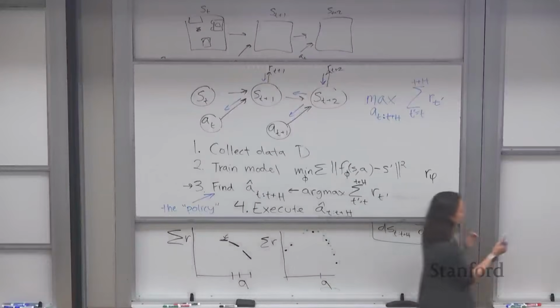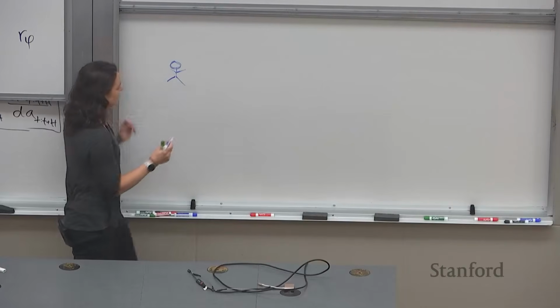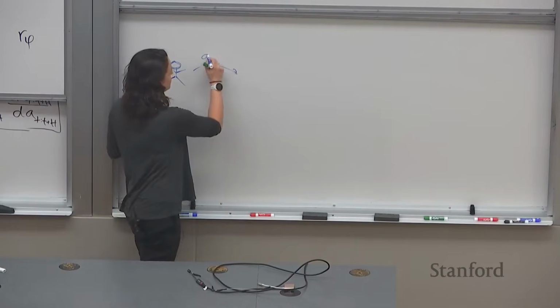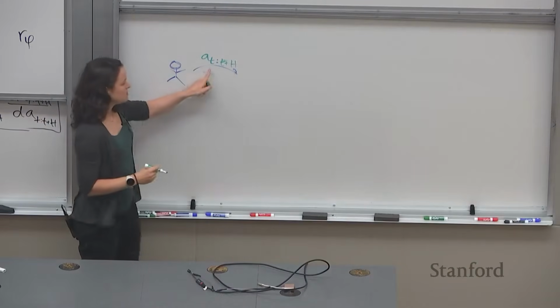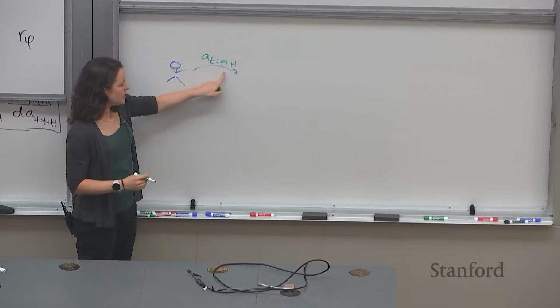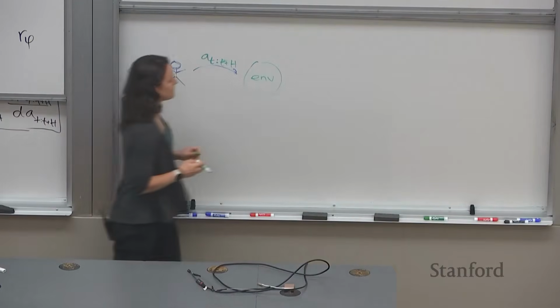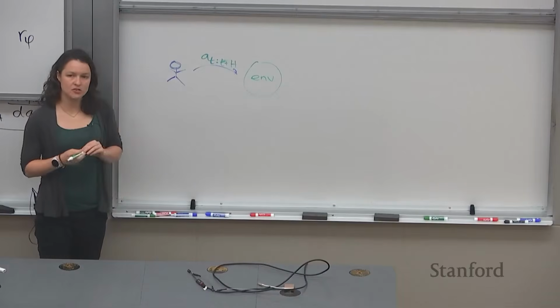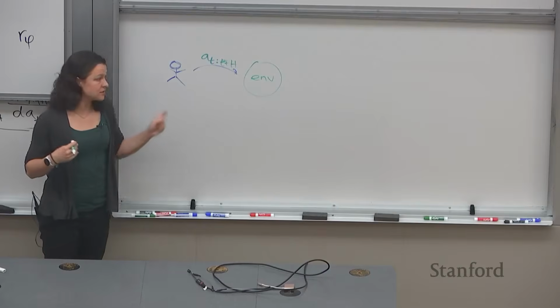And so what that looks like is we have our agent, and we're running H actions in the environment, so action a_{t+1}, a_{t+2}, and so forth, in some environment. And we're executing those actions without actually having access to the intermediate states.